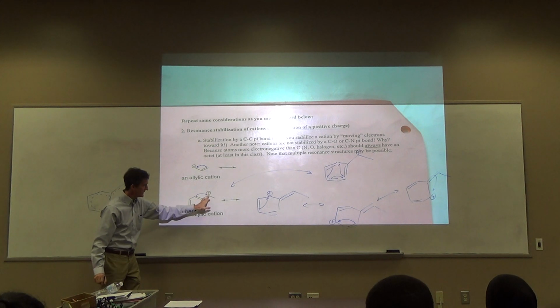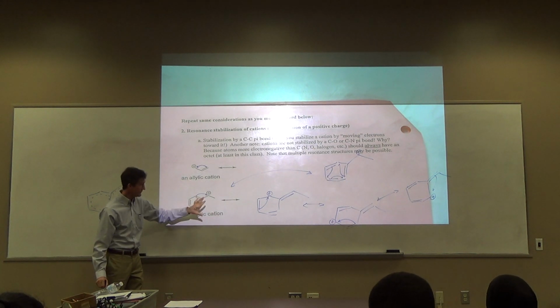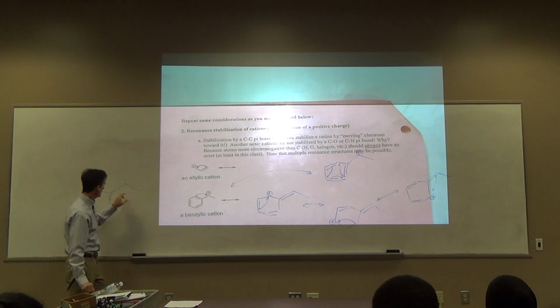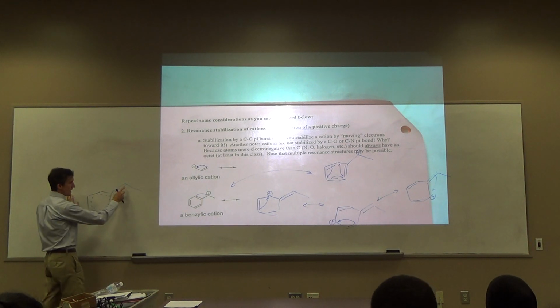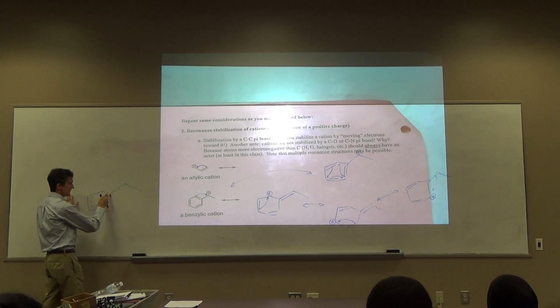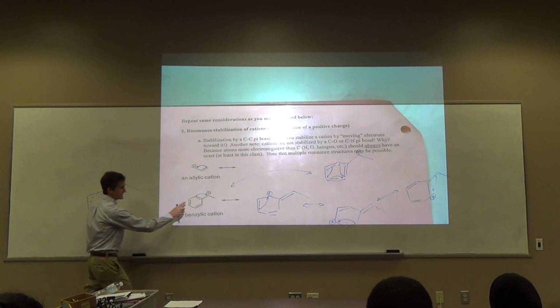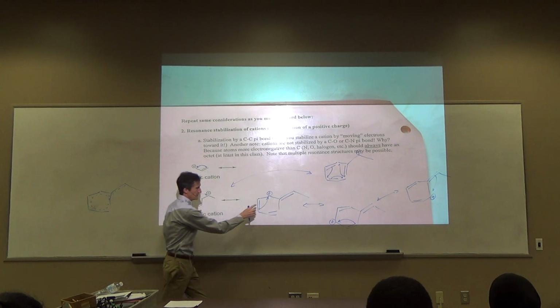A cation next to a benzene ring, a carbon next to a benzene ring, is called benzylic. It's resonance stabilized. It's very resonance stabilized. That carbon is also called the benzylic carbon. What's the bond order between the benzylic carbon and the ring carbon? Is it 1 or is it 2?